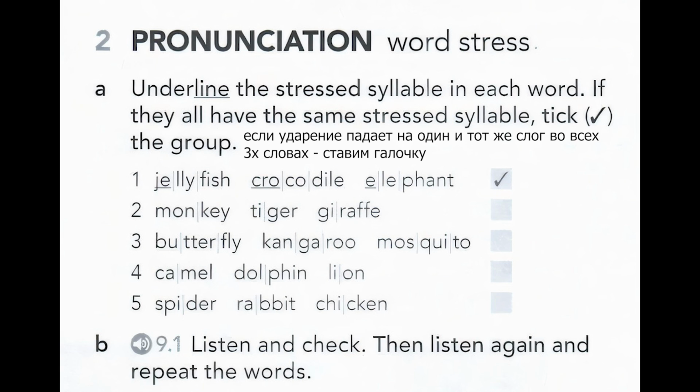Nine point 1. 9A. Pronunciation. 1, Jellyfish. Crocodile. Elephant. 2, Monkey. Tiger. Giraffe. 3, Butterfly.